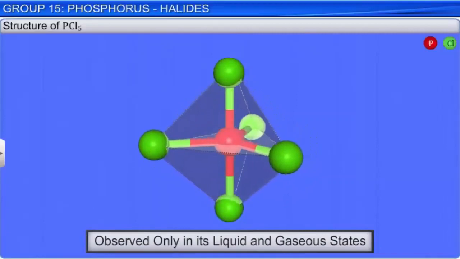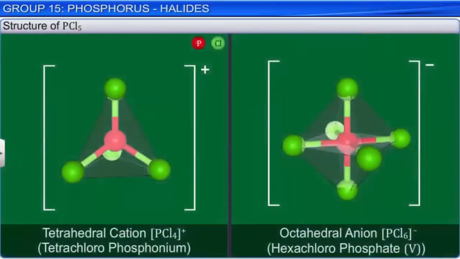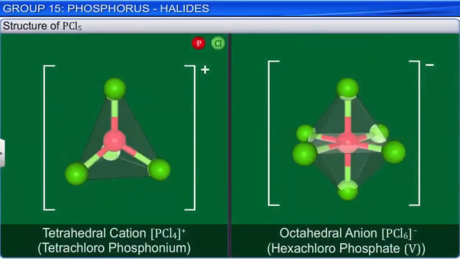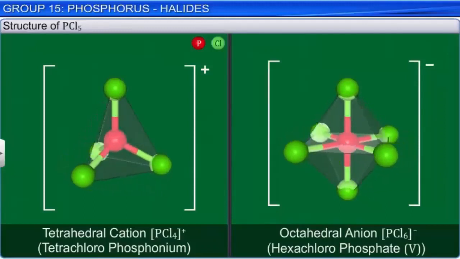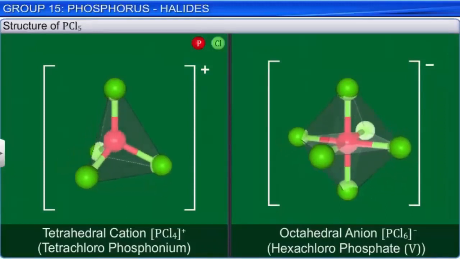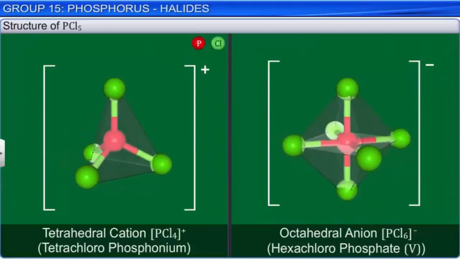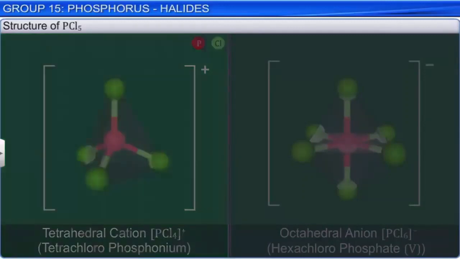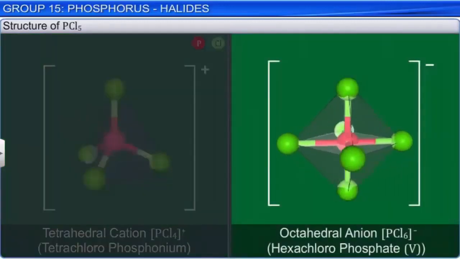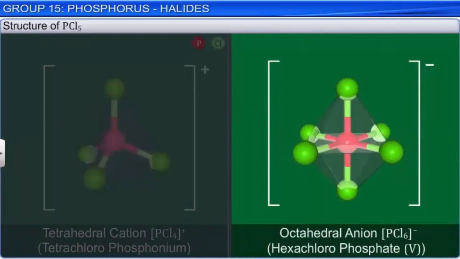However, in the solid state, it exists as a salt, that is, as an ionic solid in which the cation tetrachlorophosphonium is tetrahedral, while the anion hexachlorophosphate(V) is octahedral, as shown here.